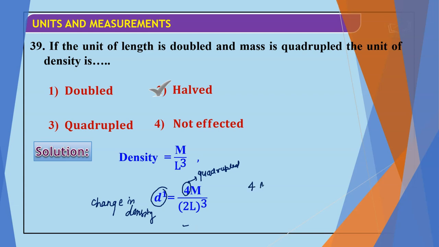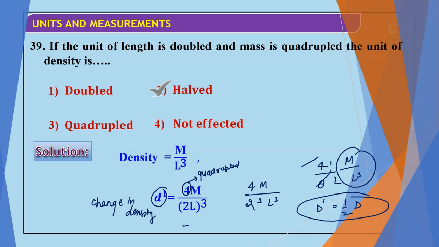So 4m by 2 cube, L cube. So it comes 4 by 8, m by L cube. This is the value of the initial density, and after dividing, it comes 1 by 2. So the final density is half of the original one. Now I hope you understand, students, how the half comes.